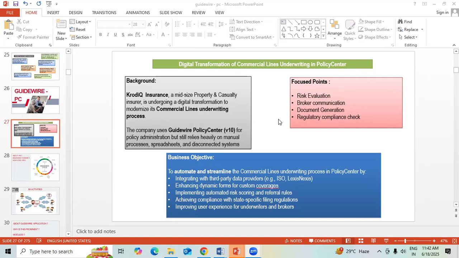One is risk evaluation, because this is about the underwriting process. Risk evaluation is part of underwriting, so it is one of the focused points to provide a solution on a larger scale technically. Next, broker communication, the second focused point. Third, document generation, followed by regulatory compliance check. These are the major focused points.